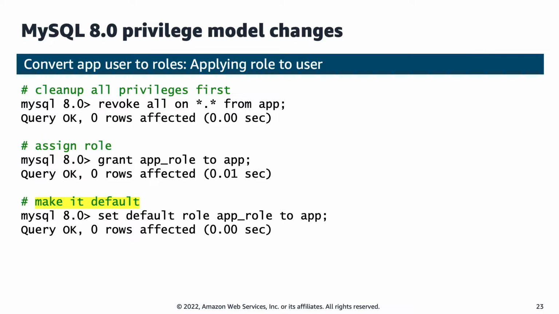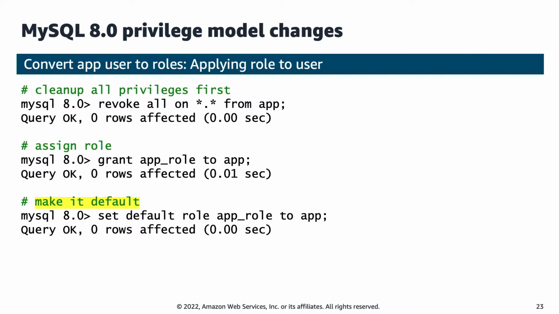So another thing that I need to do is apply that role. To apply that role, I grant that role to my application user. And I'll also make it default. Making it default is super important because otherwise it will not apply when the user connects.